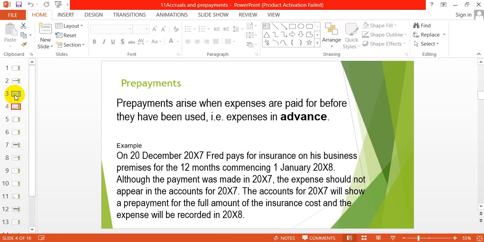Although the payment is made in 20X7, the expense should not appear in the 20X7 accounts because it relates to the period 20X8. Instead, in the accounts for 20X7, we show an asset, or a prepayment, for the full amount of the insurance costs.